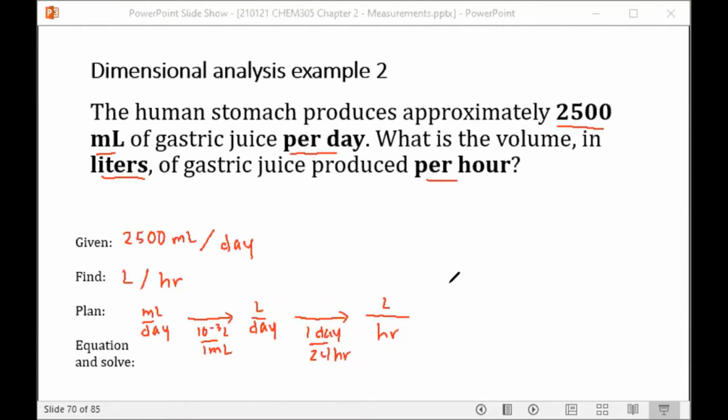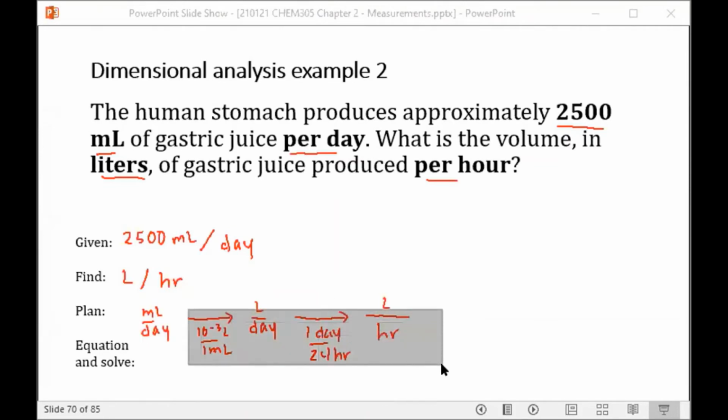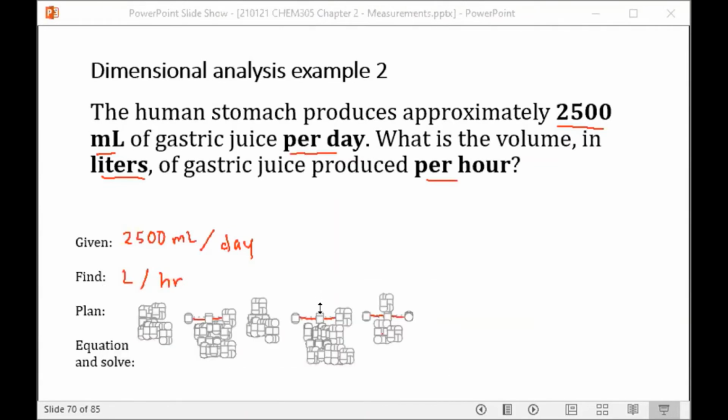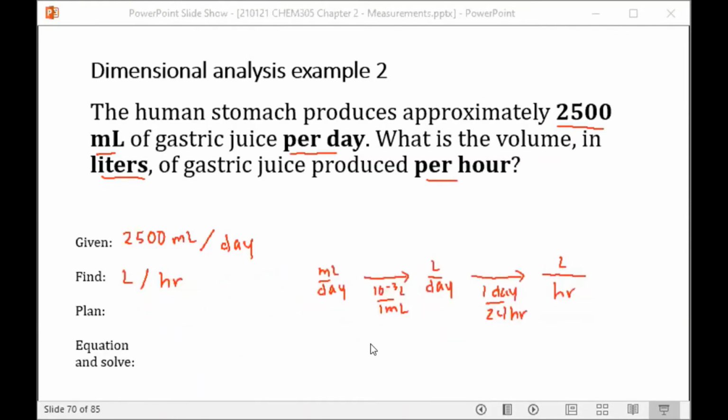So now I have a plan to go from milliliters per day to liters per day, and then from liters per day to liters per hour. So I'm going to set this up in my actual equation. Let me move our plan just over here to give us a little more room.